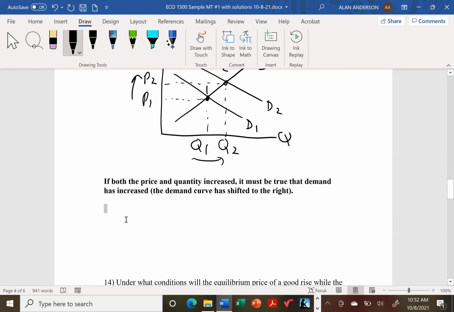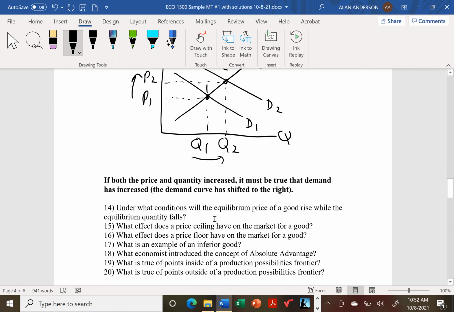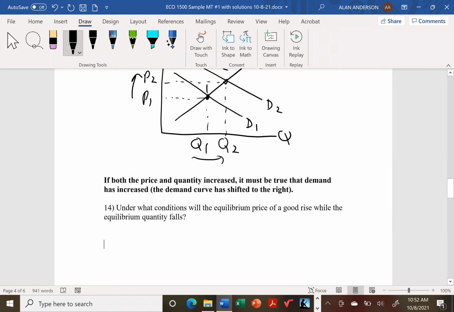Okay, 14. Now here, under what conditions will the price rise and the quantity fall? All right, so based on what we said earlier, since price and quantity are moving in opposite directions, the supply must have changed.